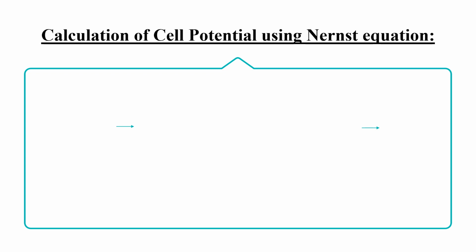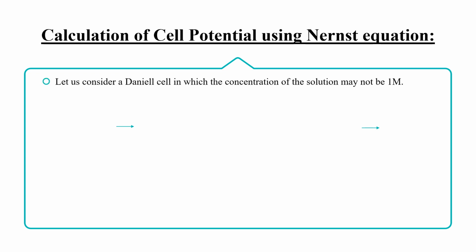Now, calculation of cell potential using the Nernst equation. As we know, in the Nernst equation the value of cell potential, E cell, is there. So on the basis of the Nernst equation we can easily calculate the value of cell potential. Let us consider a Daniell cell in which the concentration of the solution may not be 1 molar.